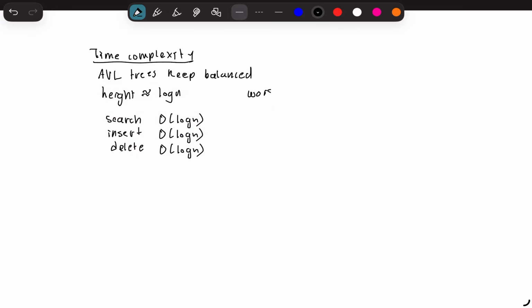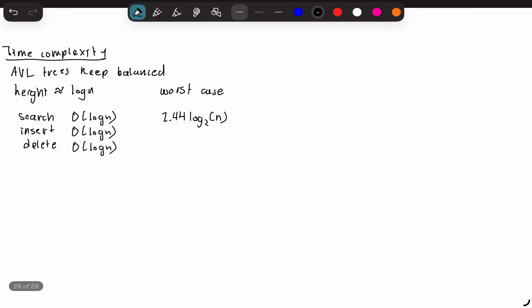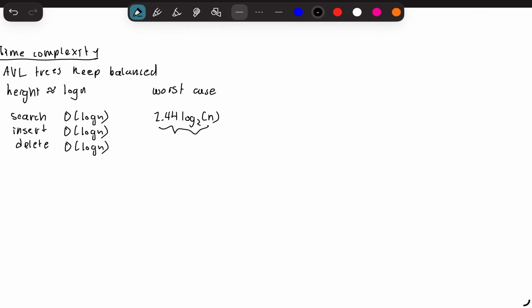Now the worst case height of your AVL tree is going to be 1.44 log2 n. But this worst case is still much better than a normal BST.